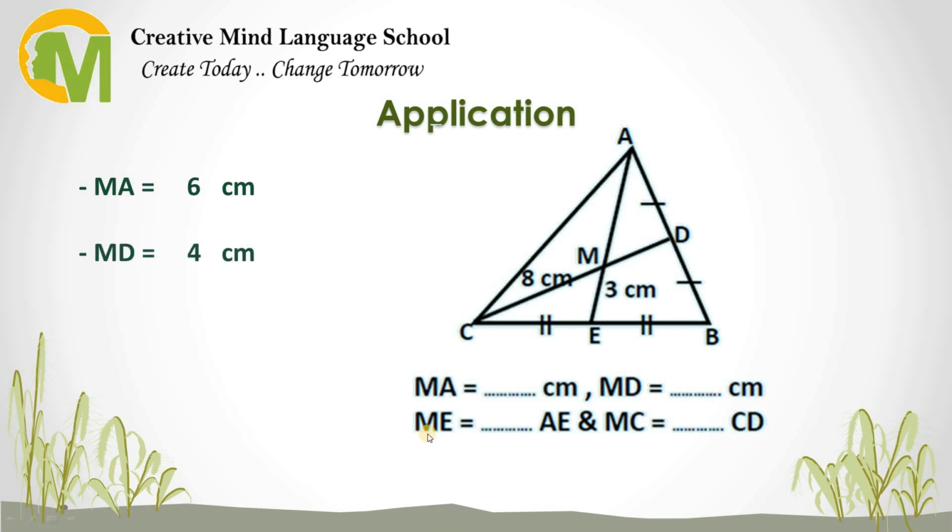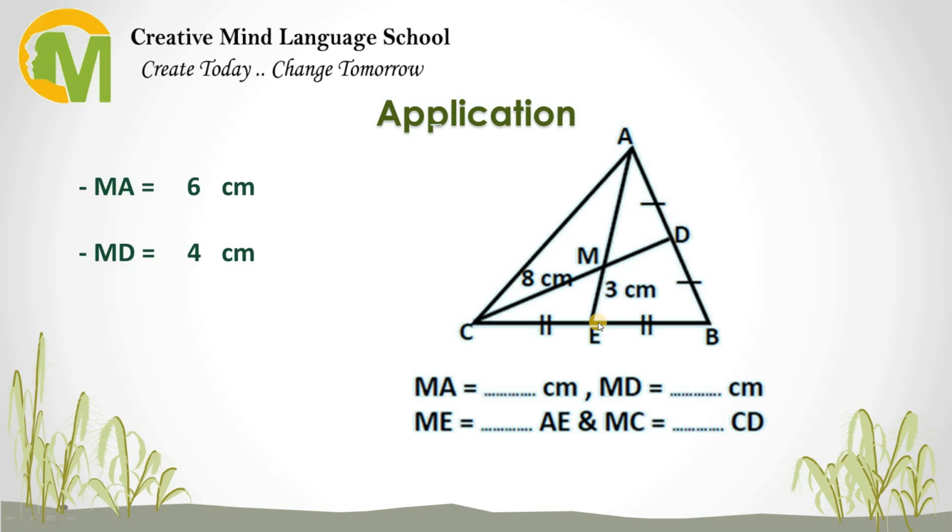Now we need to find the ratio between ME and AE. ME, this part near the base, and AE, the whole median. If we remember the ratios that we read before, ME, the part near the base, will take the ratio of 1, and the whole median will take the ratio of 3.